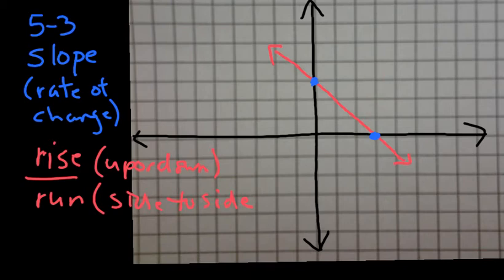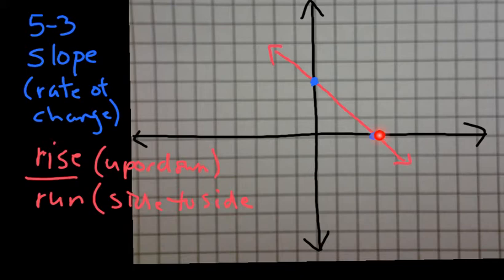Yes. Up is positive. If I had to go down, that would be negative. So I'm going positive. And then when I run, in this case, I'm going negative, because positive would be this way. So I'm going positive, negative, positive, negative.